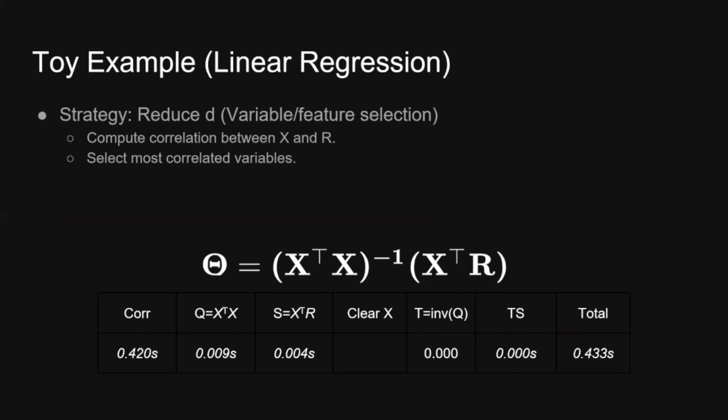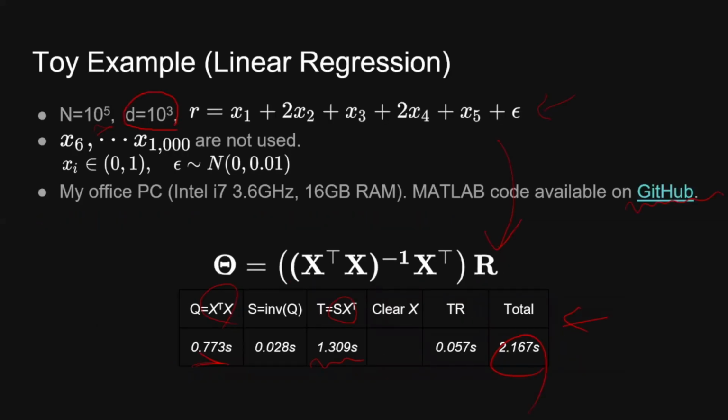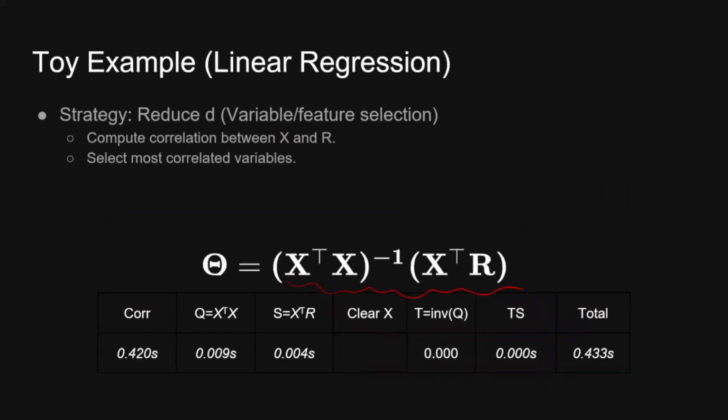Of course, you can make it even more sophisticated by introducing some other strategies. So on top of this mathematical trick, we could also do some feature selection. So from the assumption, we simulated the situation where only 5 features out of 1,000 were correlated with the response variable. In this case, we already know the answer in terms of what we need to do to reduce the number of features.